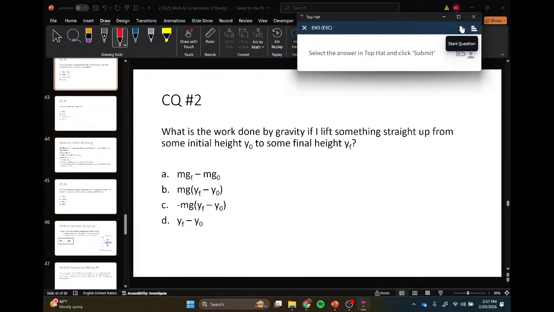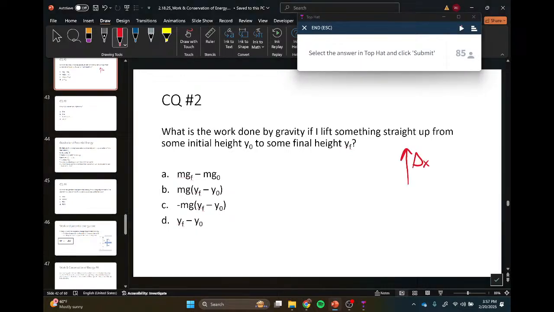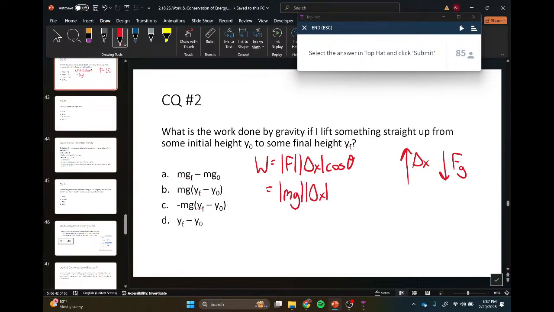So I told you all, getting lifted straight up matters. If we're going straight up, that means the direction we're going is up. Gravity is down. Work is the absolute value of force times the displacement times cosine of the angle. In this case, we want the work due to gravity, so it's the absolute value of mg times delta x times cosine.